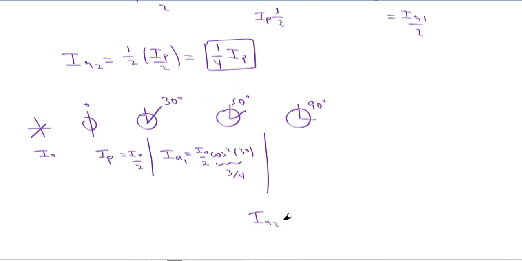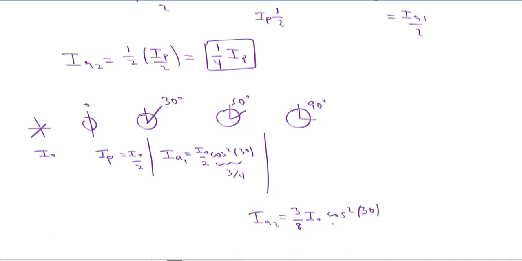Now, I_A2 is I_A1, which is, let's see, 1/2 times 3/4 is 3/8, times the cosine squared of, should I put 60 degrees in here? No, I have to take the difference between this polarizing filter and this polarizing filter, which is 30 degrees.